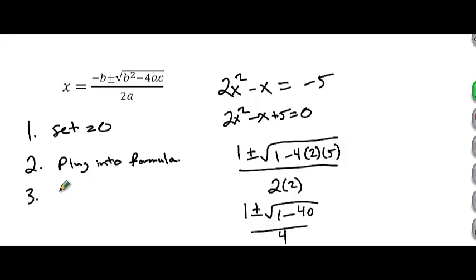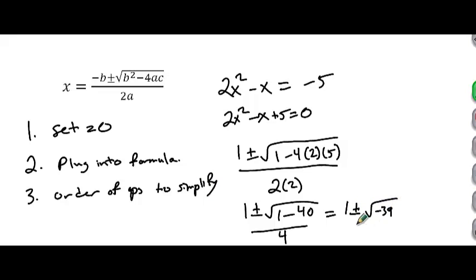Our third step is to use order of operations to simplify. So 1 plus or minus root negative 39 over 4. Now 39 itself is not a prime. It's 3 and 13.